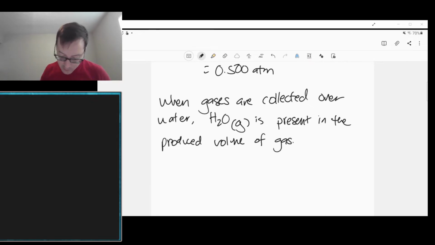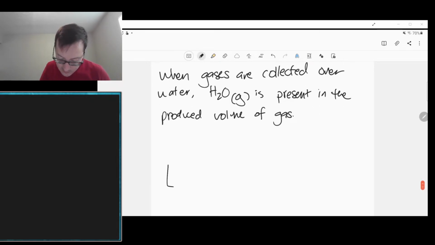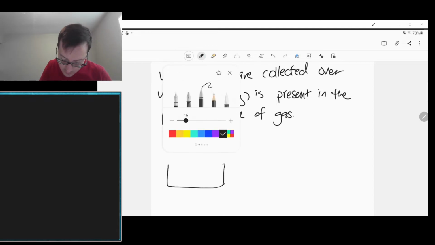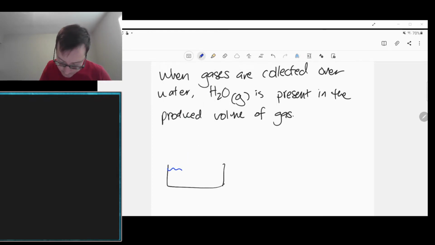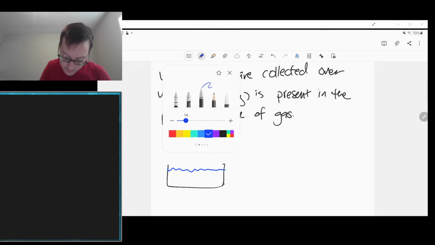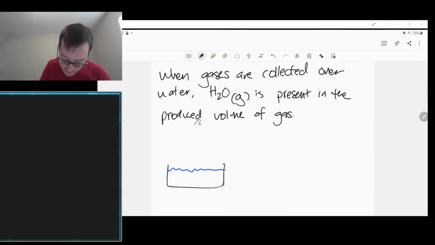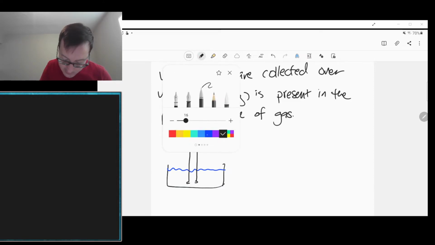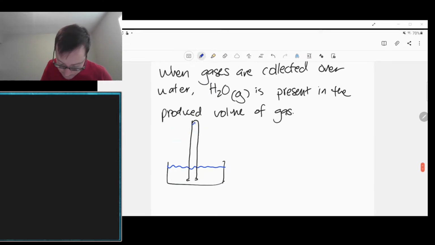And so how that looks is you have a tank of water, you have a tube. It's kind of going to look like our barometer, but that tube is fully filled with water. So in the case of the barometer, it was filled with nothing, right? It was a vacuum. But this case is full of water.